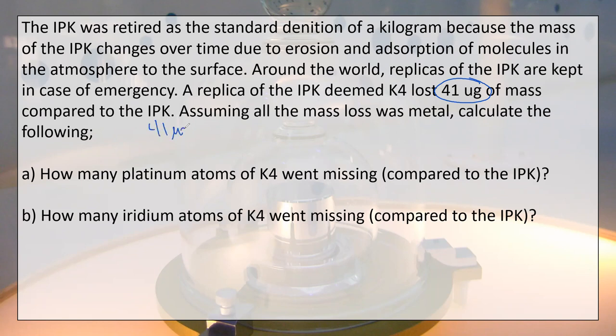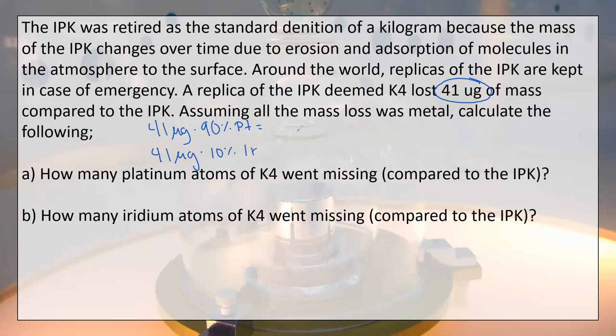I'm going to assume here that it's micrograms. This is the Greek letter mu. That the rate of loss of each metal was the same, right? And it wasn't preferential to one or the other element. So we know from our previous problem that the IPK is 90% platinum and 10% iridium.